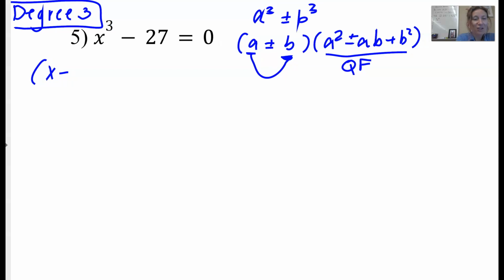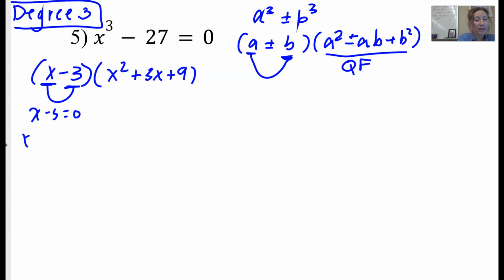And then we have the cube root of 27, which is 3. And then I have x times x, which is x squared. I'll have the opposite sign to get the cancellation, so plus x times 3, which is 3x. And then I do 3 times 3, which is 9. Setting these equal to 0, x minus 3 equals 0 gives me x is equal to 3.